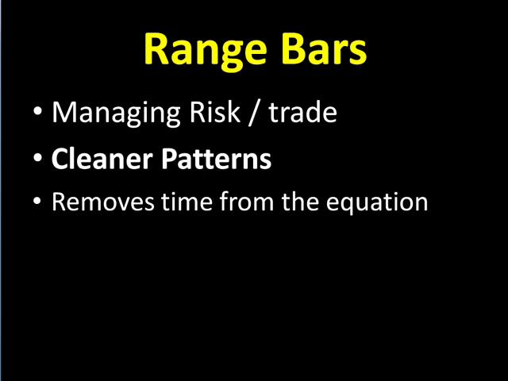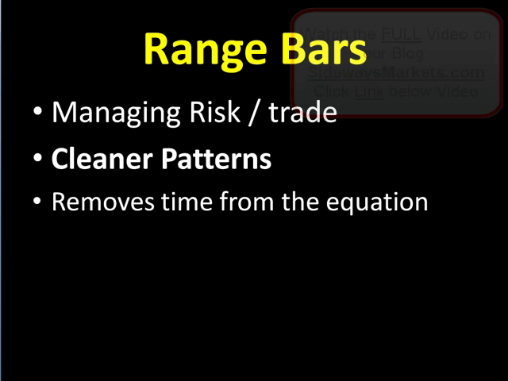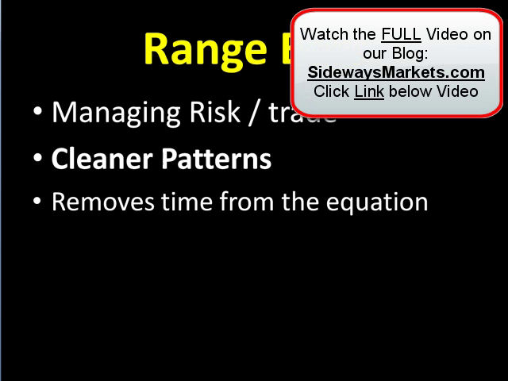So for example, if we're looking at limiting our losses per trade to a maximum of $500, let's say that you never want to take more than a $500 stop, then you can easily use a range bar type of strategy where we're placing our initial stop 2 or 3 ticks above the high of the previous bar.